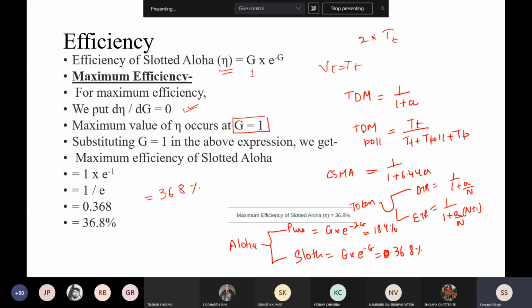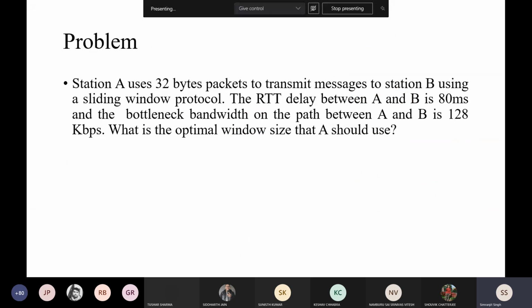So I'll introduce one numerical that is based on flow control here. I know that you may have forgotten all the concepts of flow control, so you can solve it yourself, but I'll try to solve it. This numerical is a part of GATE 2006, I think 2006 or 7, this question was asked.